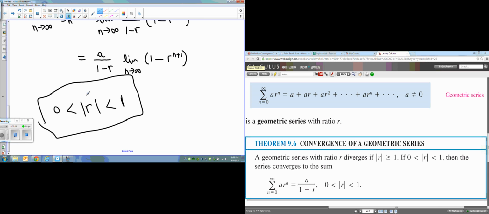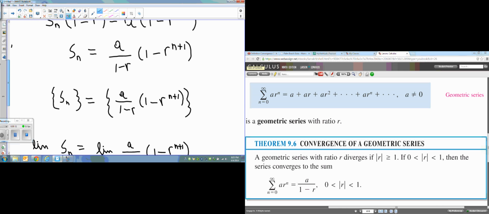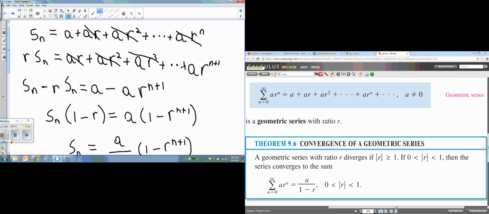So it turns out that for geometric series, you can tell about convergence just by knowing the value of r. If the absolute value of r is between 0 and 1, then the limit will converge, and you will get that the series converges.